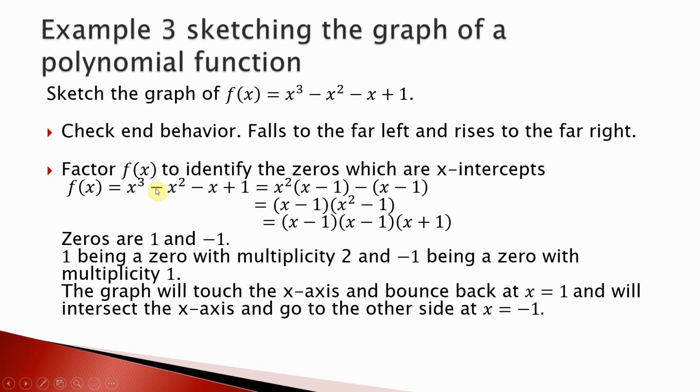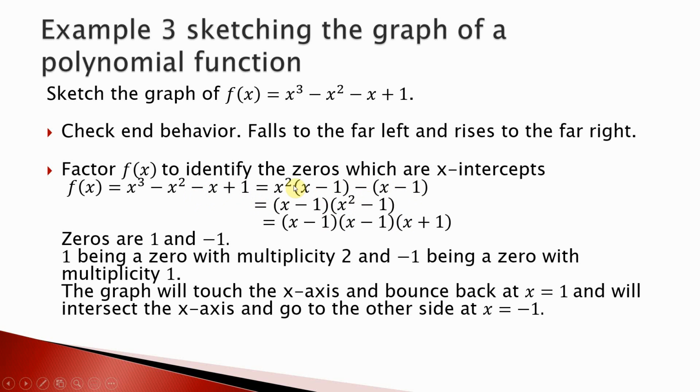So you take x squared out of these two terms, then you are left with x minus 1, and you take negative 1 from these two terms and you are left with x minus 1. So you divide this by negative 1, you get positive x. You divide positive 1 by negative 1, you get negative 1.